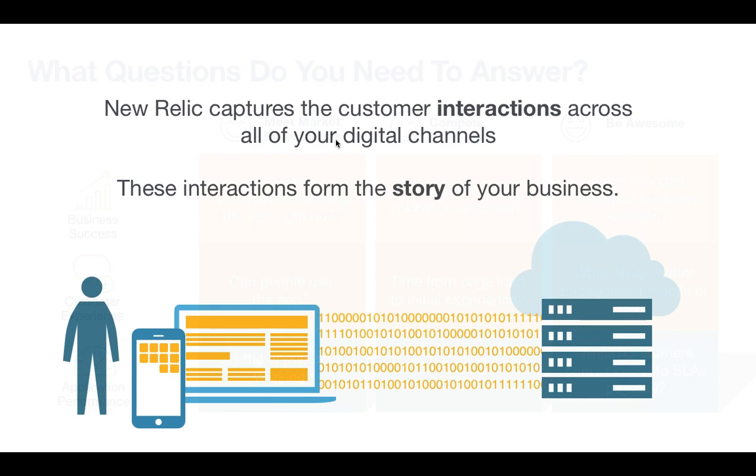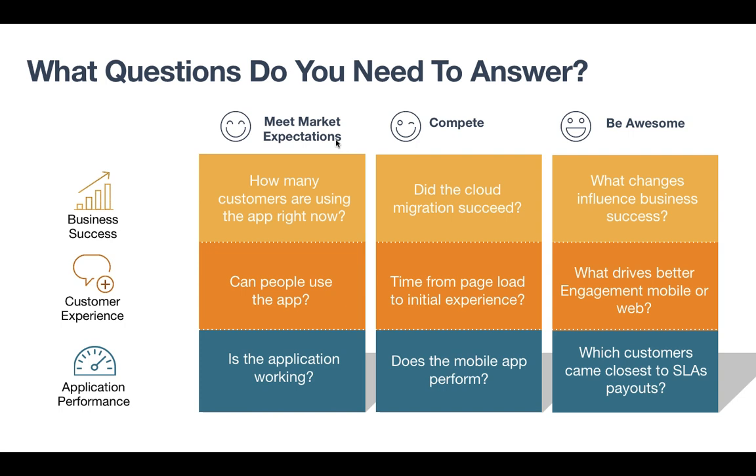And these interactions actually formulate a story that everyone in the company can easily take a look at. So no matter what user is using the application performance monitoring software within your company, they can make any business decisions they need based off a common set of data.